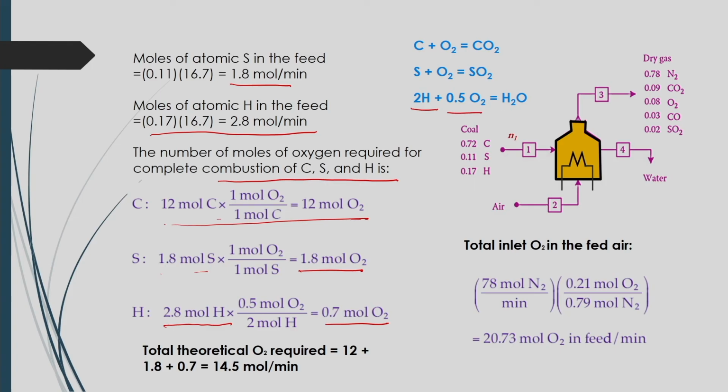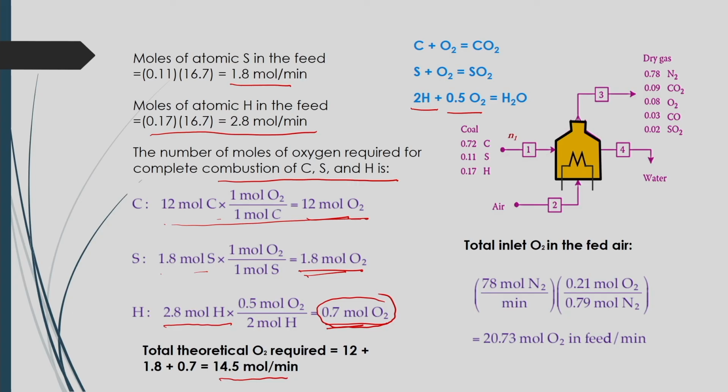So the total theoretical oxygen required for complete combustion will be 12 plus 1.8 plus 0.7, so it will be a total of 14.5 mole per minute.